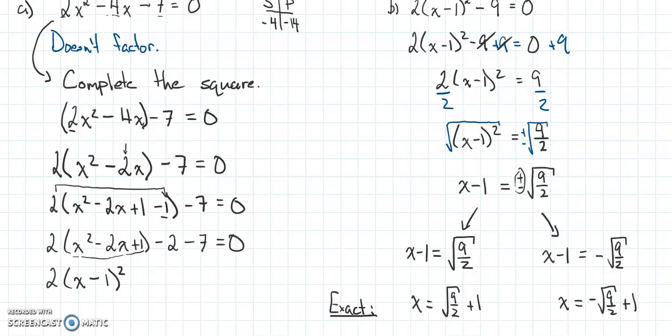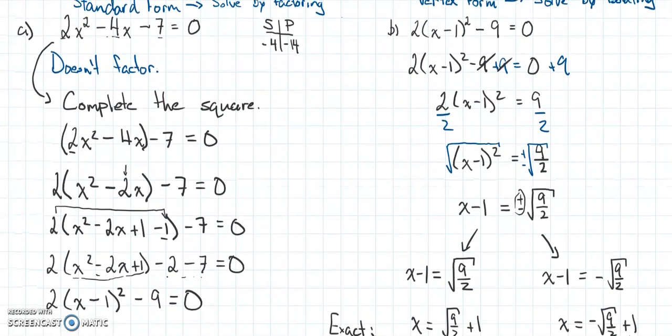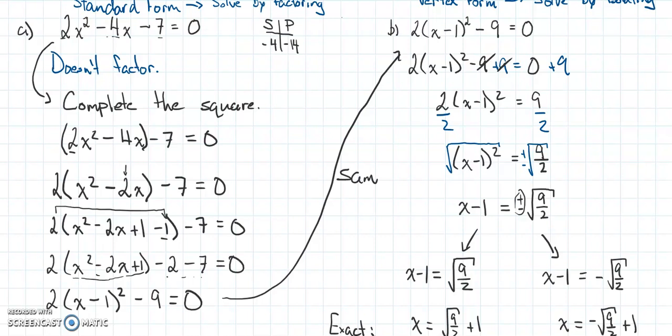So it turns out it's x minus 1 squared. The square root of 1 is 1, but it's negative because of that sign there. And then you collect like terms, so it's -9. So notice it's the same as the one in part B. Same equation.